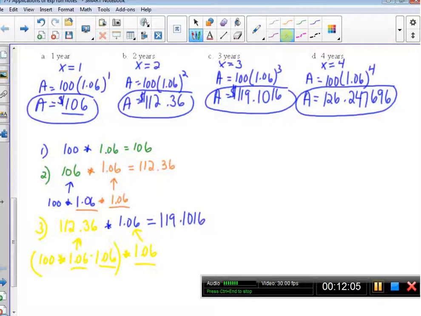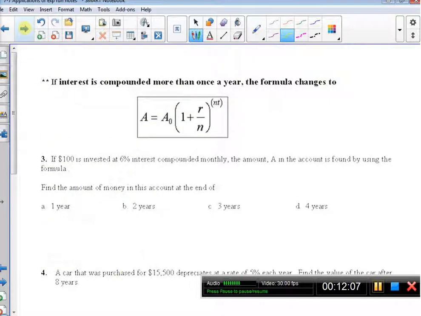All right, let's go to the next page. Now, if interest is compounded more than once a year, the formula changes. So now you have A equals A sub 0, which could still be P. And if you're going to compound something, that means it's going to increase, so it's not going to be 1 minus, it's just going to be 1 plus the rate divided by n, to the nt.